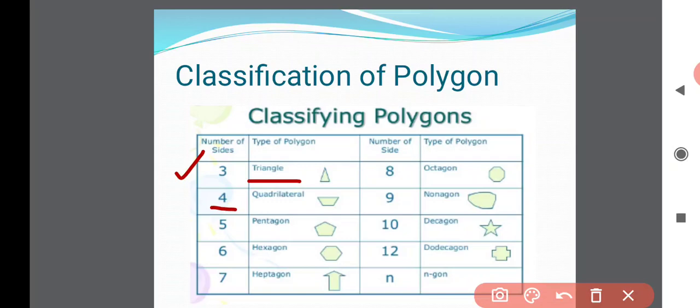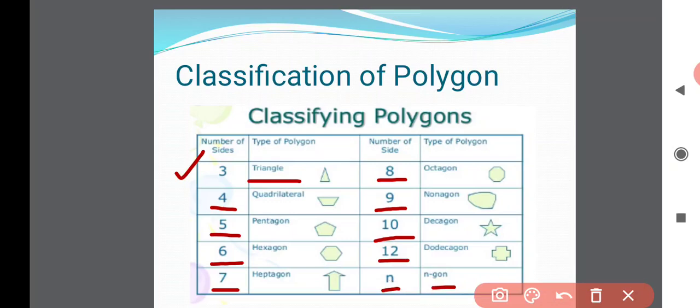A 4-sided polygon is called a quadrilateral. 5-sided is known as a pentagon. A 6-sided polygon is known as a hexagon. A 7-sided polygon is a heptagon. An 8-sided polygon, octagon. A 9-sided polygon, nonagon. A 10-sided polygon, decagon. A 12-sided polygon, dodecagon.